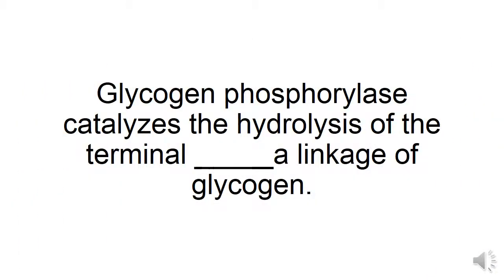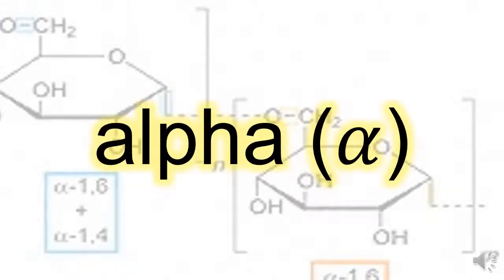Glycogen phosphorylase catalyzes the hydrolysis of the terminal blank-A linkage of glycogen. So where does it catalyze the hydrolysis of glycogen between glucose subunits? So basically it catalyzes the alpha, okay?